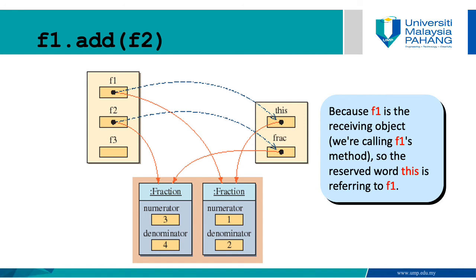So if you put F1 dot this, it will automatically call the value that has been stored in F1. Because F1 is the receiving object, we are calling F1's method. So the reserved word this is referring to F1.